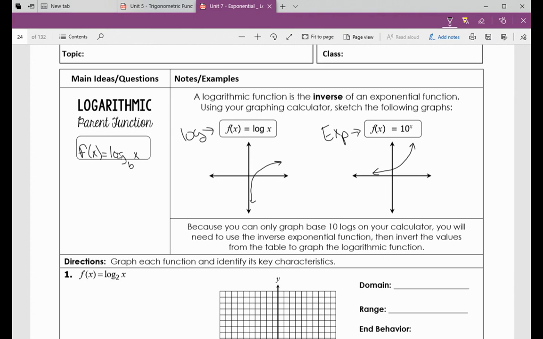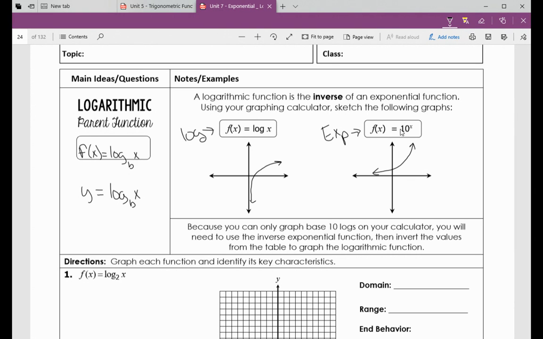The first thing you need to make sure you understand is that a logarithm is an inverse of an exponential function. So if you go to Desmos and type y equals, because remember f of x is the same as y equals log base b of x, you will see a graph that looks like this. Of course, the one on Desmos will be prettier than this one.